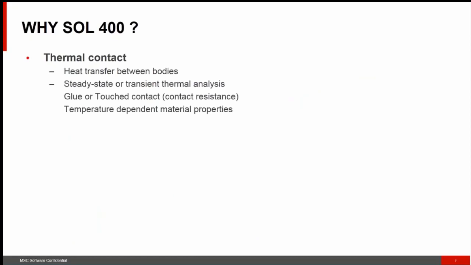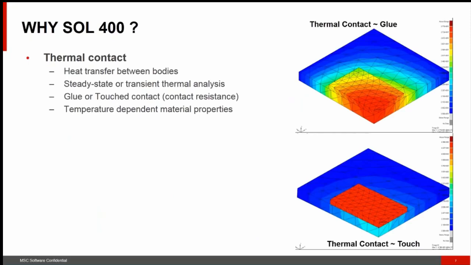Some other advantages of using Solution 400 for contact analysis is the capability to use thermal contact. Thermal contact allows you to accurately capture the thermal gradient between different components. It can be glued or it can be touching. From the top model on the right-hand side we have the glued contact, and on the lower one we have the thermal touching one.